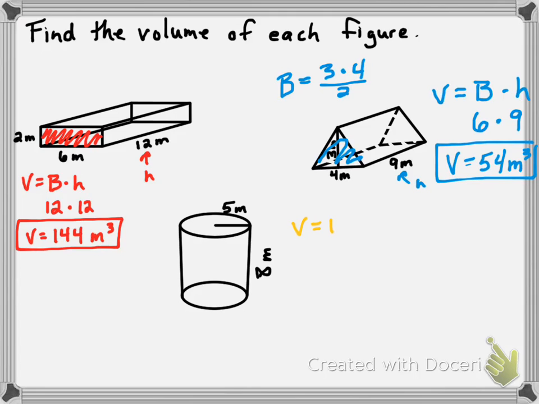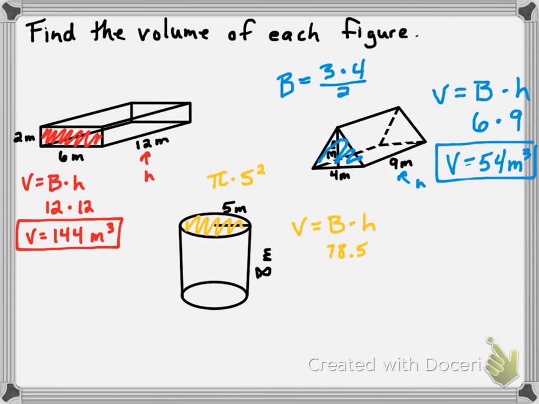Alright, and then lastly, the cylinder. Again, I'm going to do area of the base times the height. So the base of my cylinder is this circle. So I need the area of that circle. So that's pi times r squared. So pi times 5 squared. So that gives me 78.5.